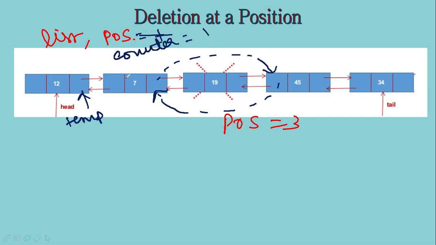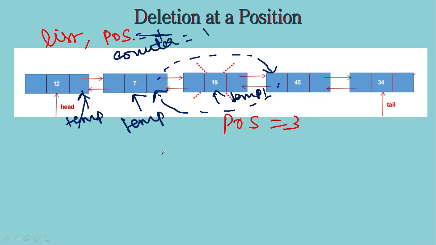While your counter is less than position, you have to move. Basically we will make temp point to the node one node before where we are making the deletion, and then we will make these changes. Also we will store the address in temp1 so that we can give back the memory, store the data in a variable, and then return.